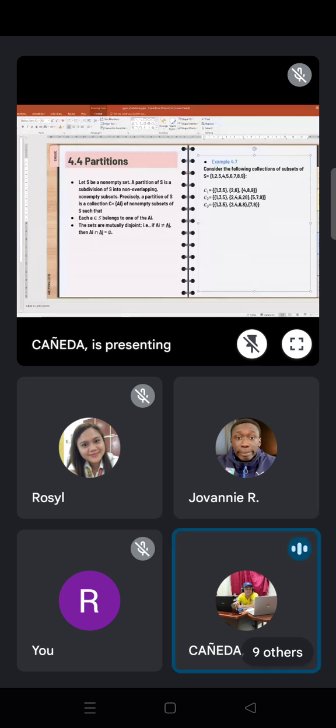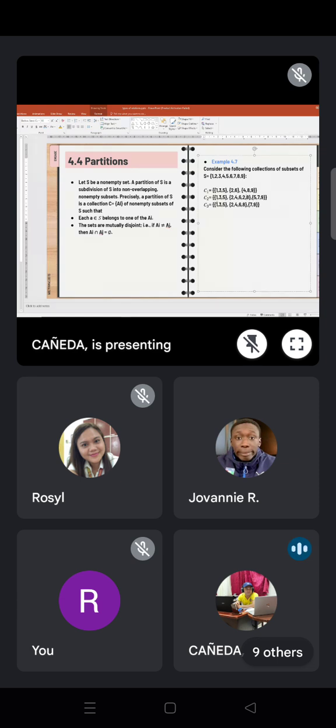In C2, let's say 1 to 3 is considered as A1, then 2, 4, 6, and 8 is considered. Okay, we have here an intersection which is 5 on A1 and A3.